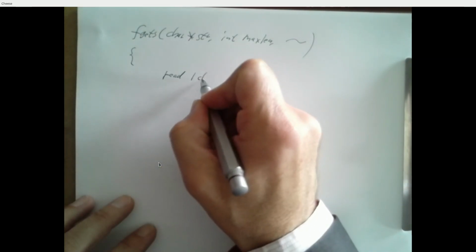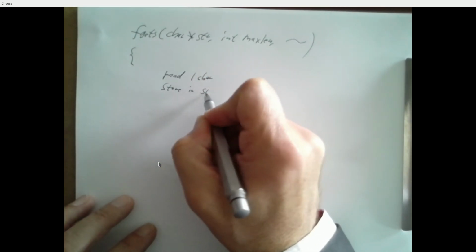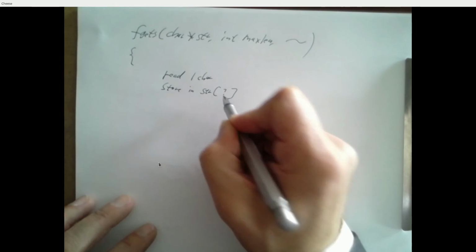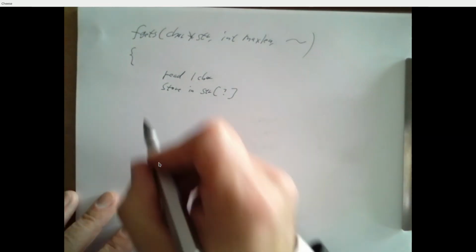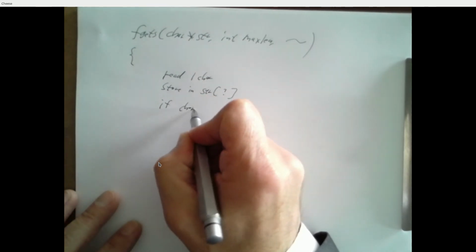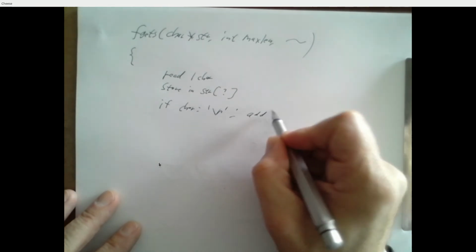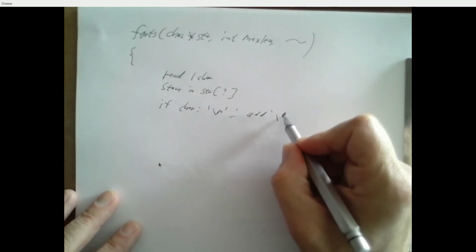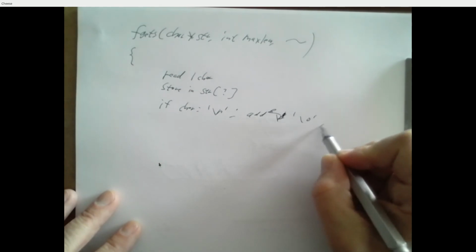So read one character, store it in whatever the next position is in your output array. If your character is a new line, add a null terminator and return.